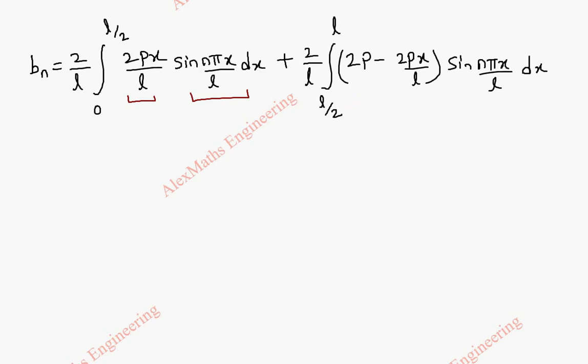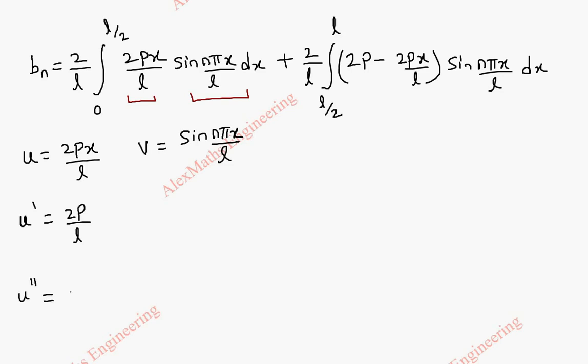So u equal to 2px by L and v equal to sine n pi x by L. So u dash will be 2p by L alone because x's differentiation is 1, and u double dash will become 0.